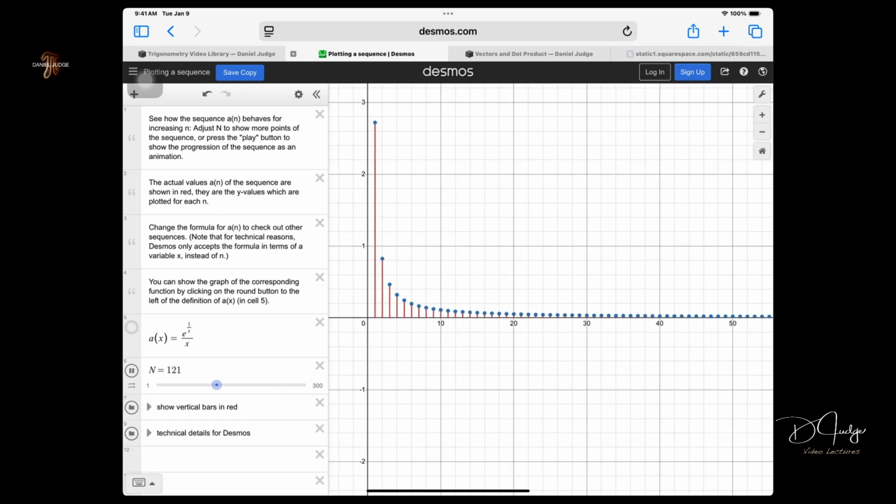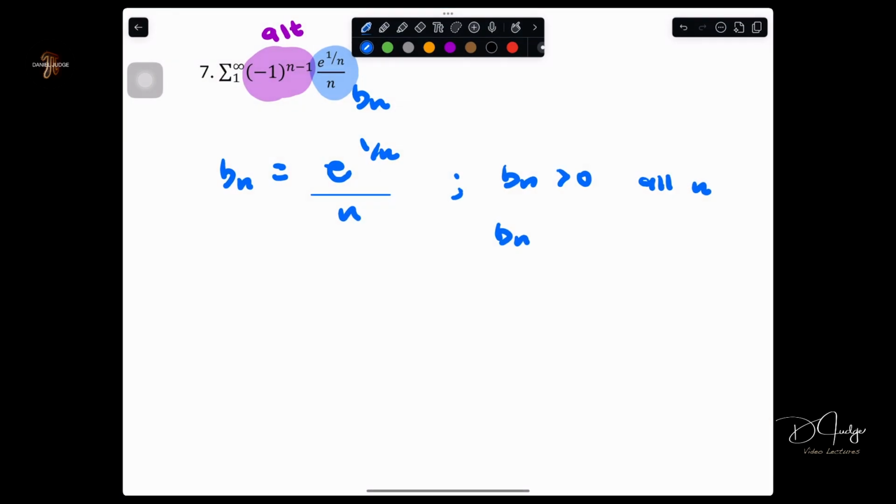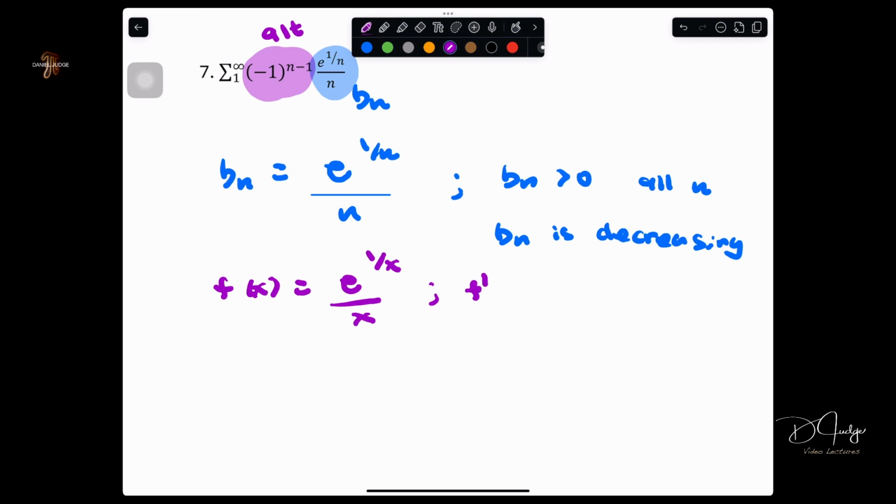So that kind of makes sense that we have a decreasing series. So Bn is decreasing. You can probably use calculus and show that the first derivative is negative over the interval from 1 to infinity. Okay, we just looked at the graph.